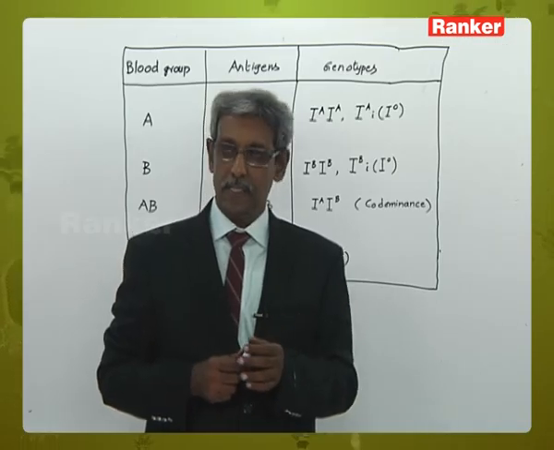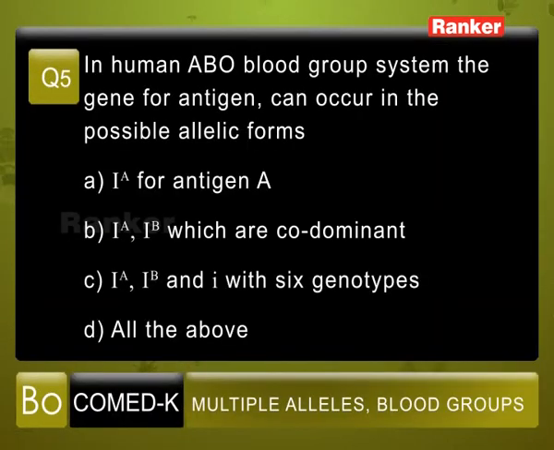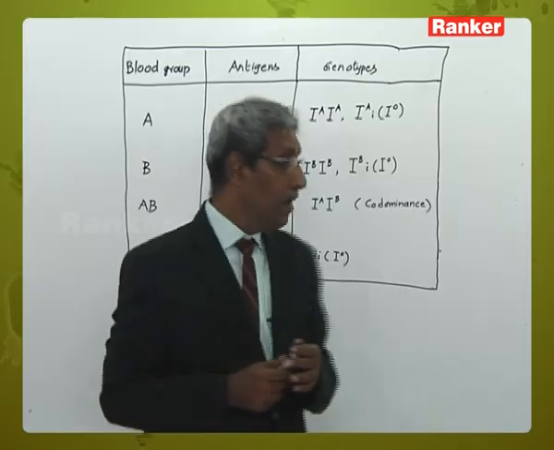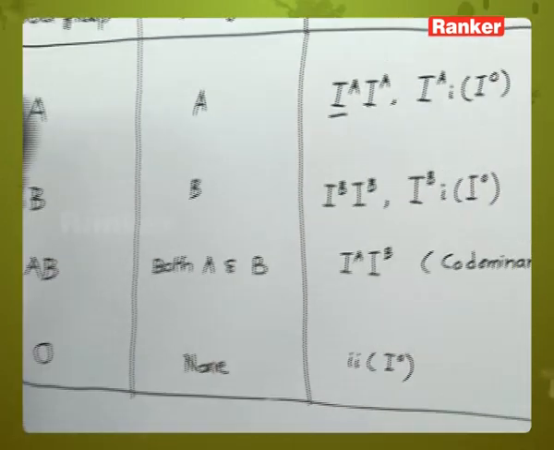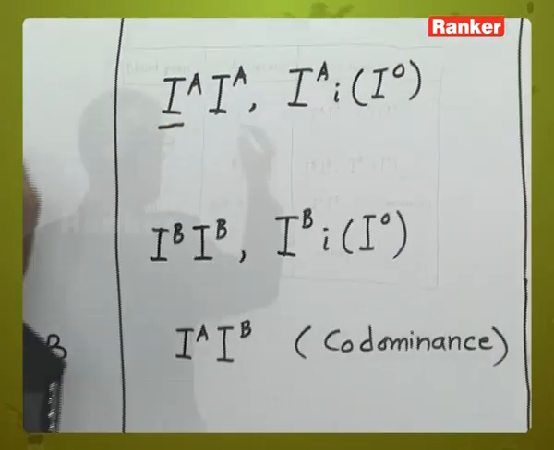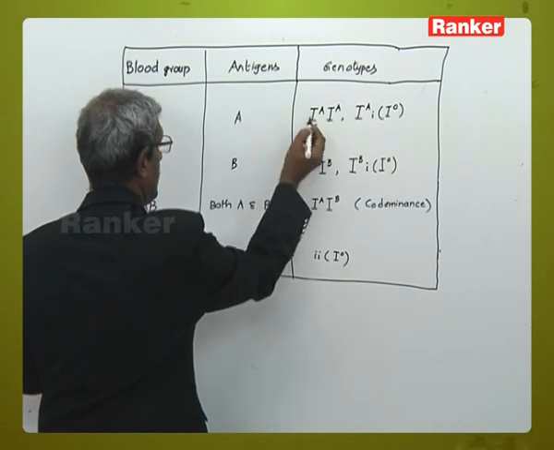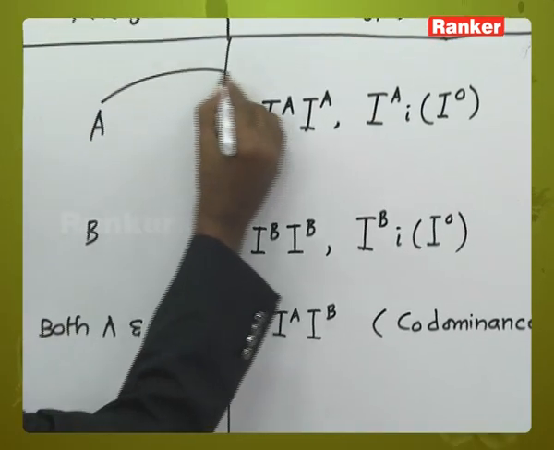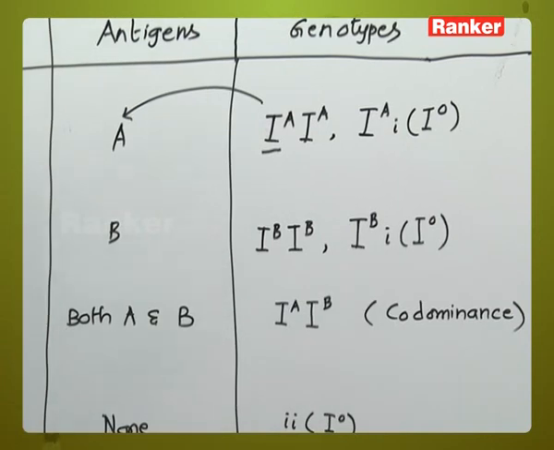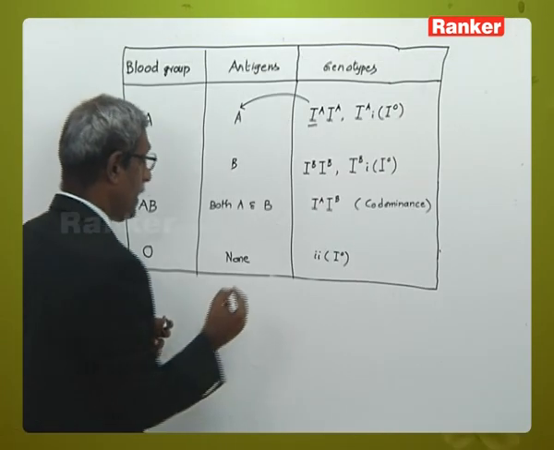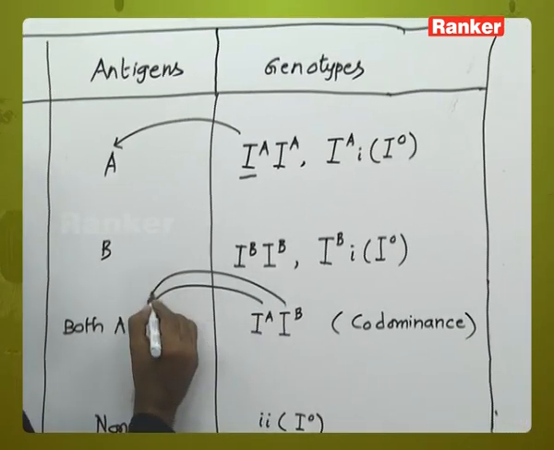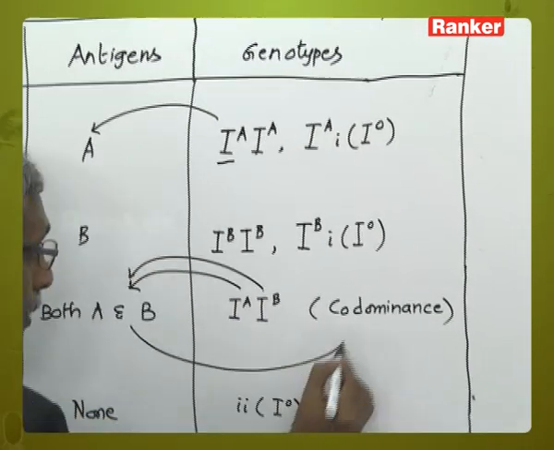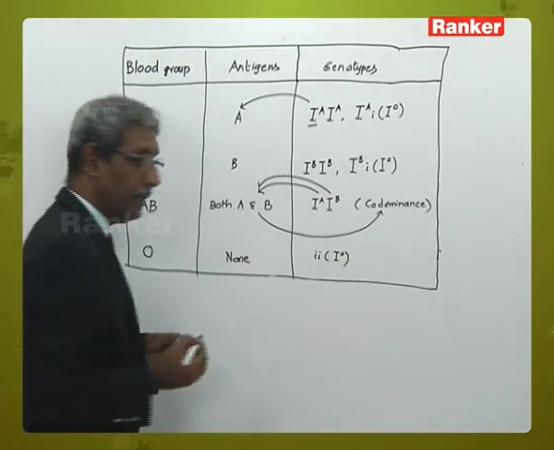The fifth question says, when you take the ABO blood group system, how are the genes for the antigens? When you take an IA gene, the IA gene is the gene for antigen A. Similarly, when you take IA and IB, they both are codominant.